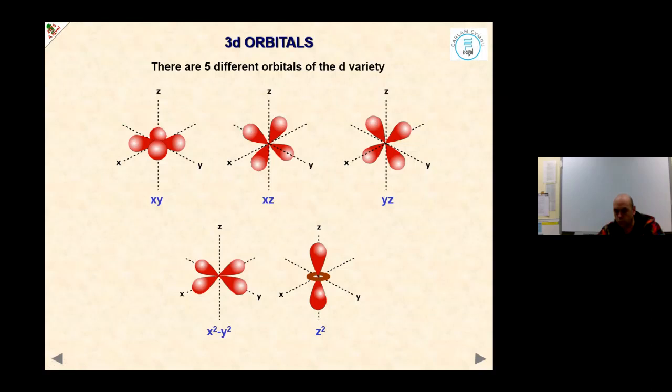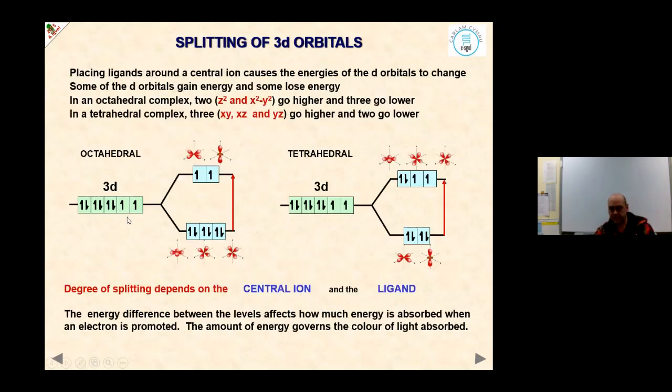So, why do they have colour? Well, you don't need to know these orbitals. I always just put them up. If I'm talking about d orbitals, you should know your s-type, the spherical, and the p-type orbitals, the dumbbell. These are your d orbitals, and you can see there's 5 types of orbital. And what happens with our ligands is, if we look at our 3d orbitals at the moment, we would describe these orbitals as being degenerate orbitals.